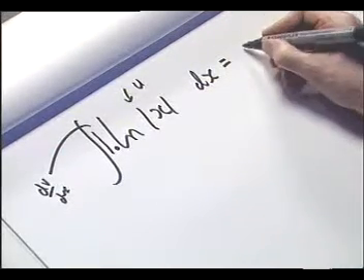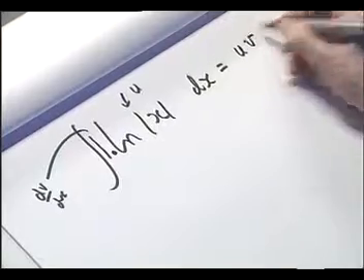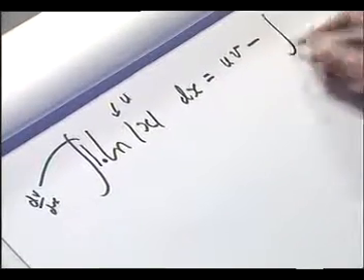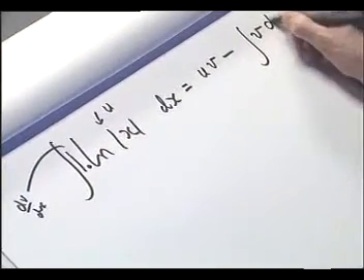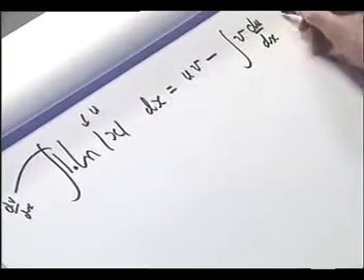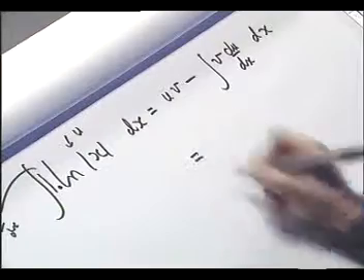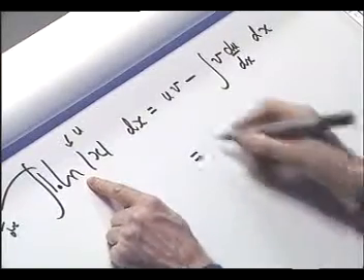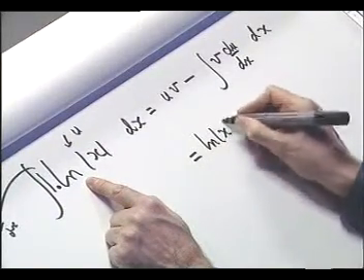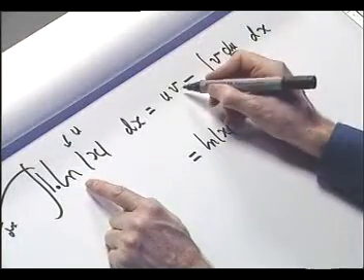So writing down our formula again, this is uv minus the integral of v du by dx with respect to x, equals u, that's the log of x, times v.